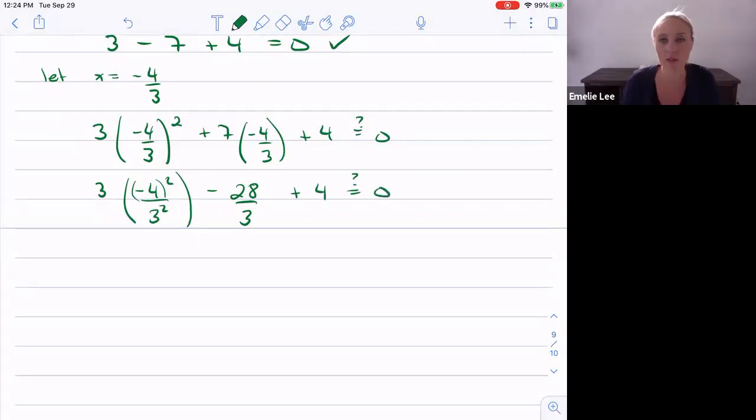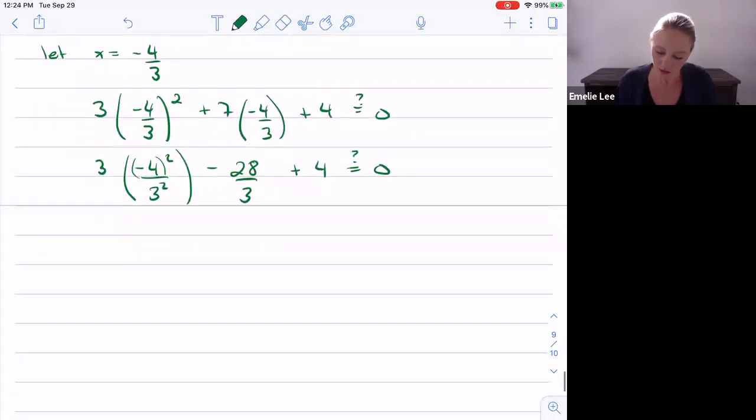Does it equal 0? I've got a 3 here and a 3 squared down here, and because they're being multiplied, I'm able to cancel these. I'll highlight that, but it's only going to cancel the square there.